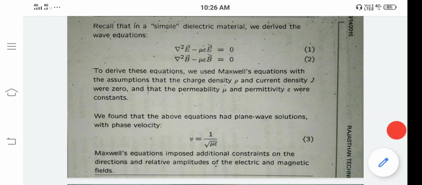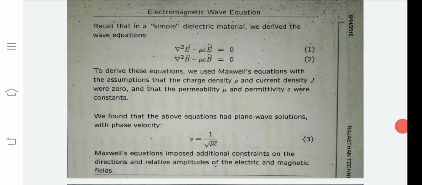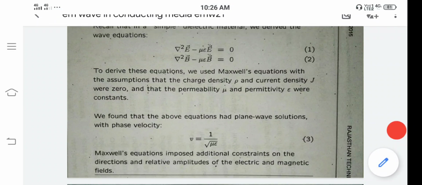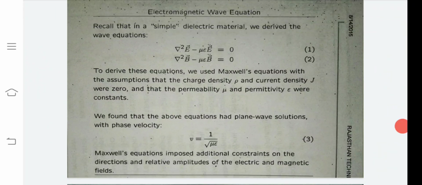We found that these equations had plane wave solutions with phase velocity V, which depends upon the permeability and permittivity of the material: V equals 1 upon root mu epsilon. The Maxwell equations imposed additional constraints on the direction and relative amplitudes of the electric and magnetic fields.